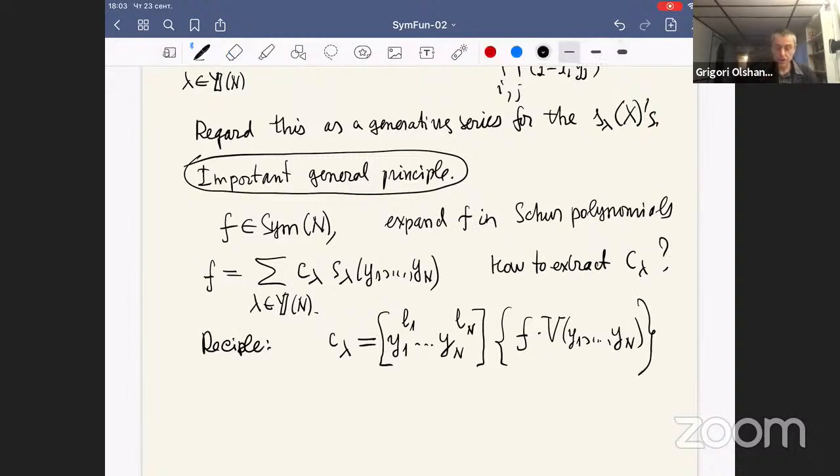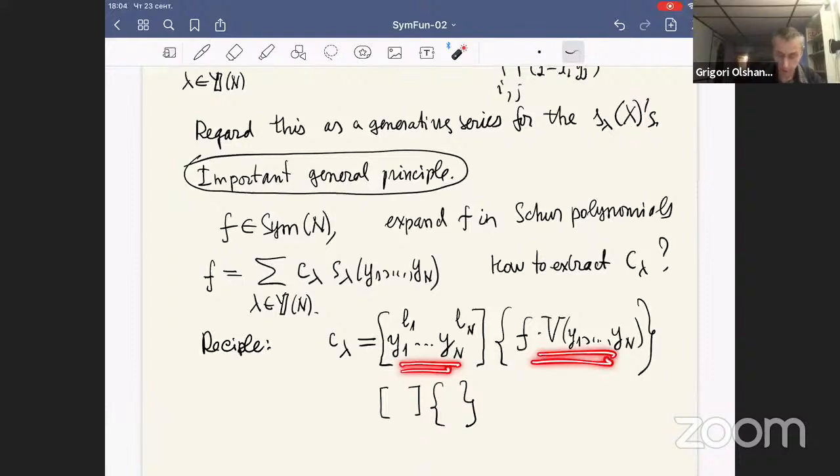What is written here? The general notation in combinatorics is as follows. A notation like this means that we want to extract some coefficient, say, of some monomial, written here in some expression. So this is read as follows: we want to extract the coefficient of such a monomial from this expression.